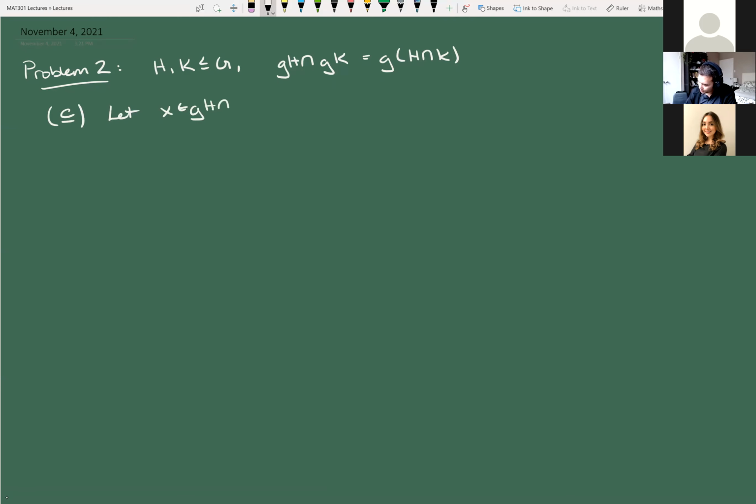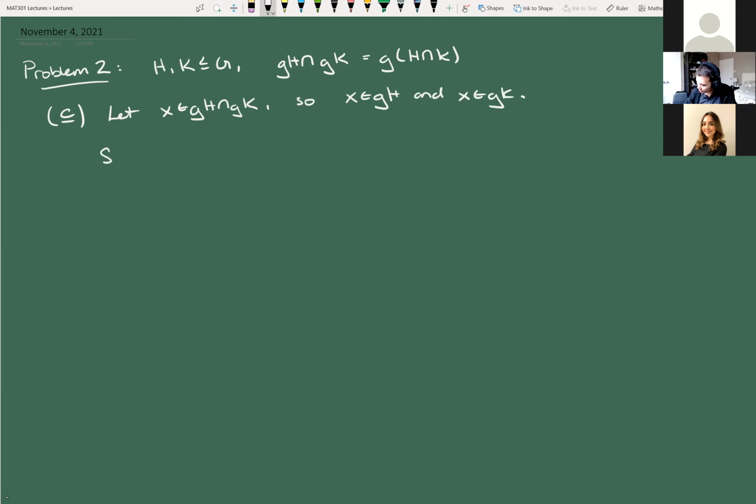I actually think neither direction is terrible, but this one's just a little bit more clunky. So X is in the intersection of these two sets, so in particular, X is in gH and X is in gK.